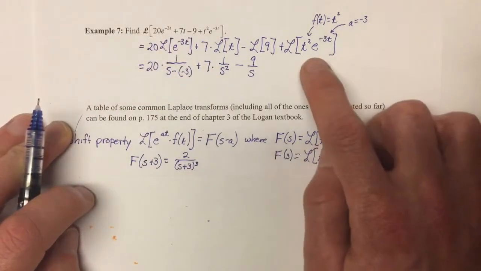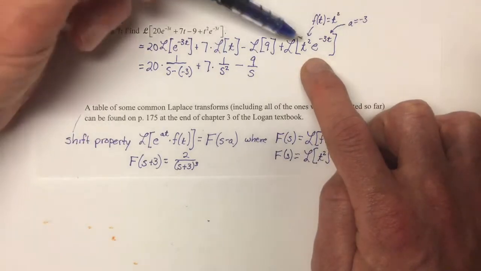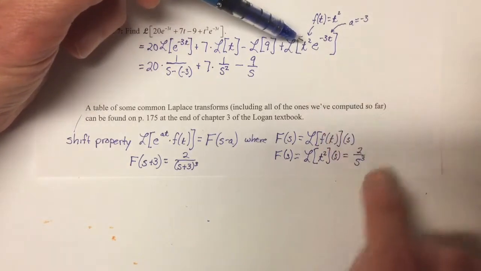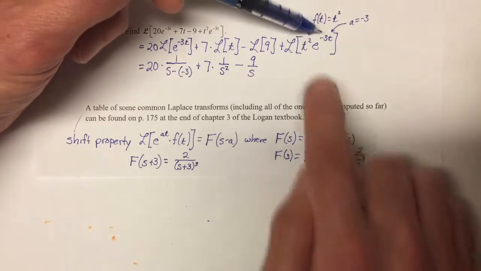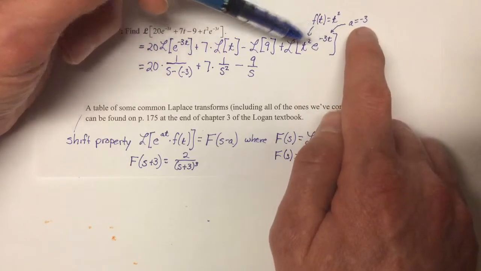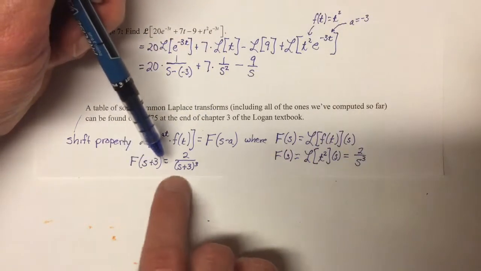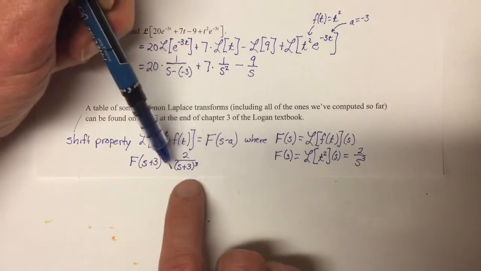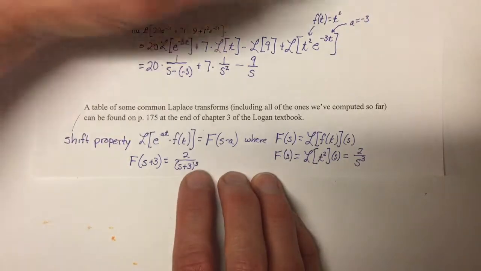And so this Laplace transform is simply going to be, take the Laplace transform of t squared, which is 2 over s cubed, but then shift it 3 units, doing the F of s plus 3, so rather than s, we'll have 2 over s plus 3 cubed.